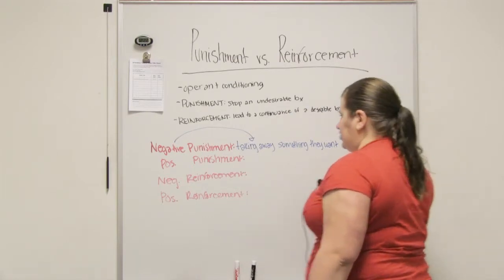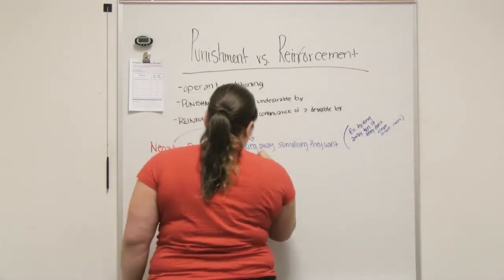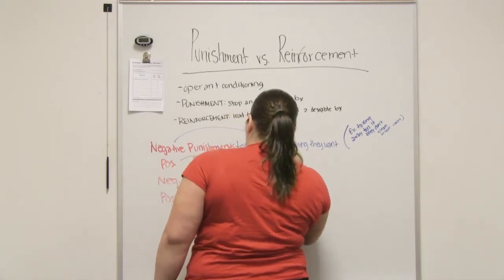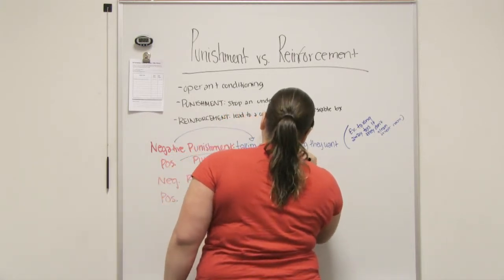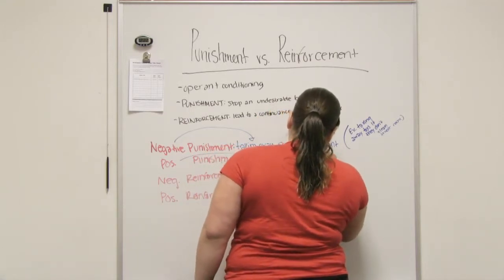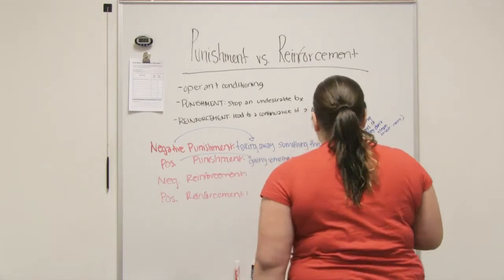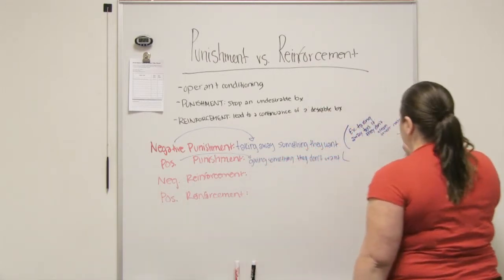For positive punishment, think positive means giving something. So if it's a punishment, we're giving them something they don't want. So let's say it's a child at the dinner table and they don't want to eat their vegetables.